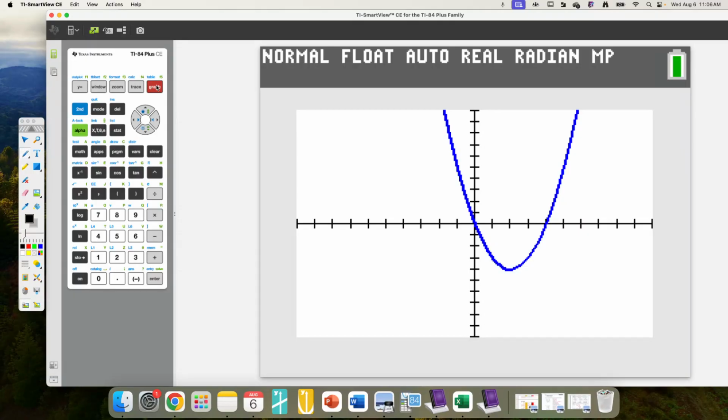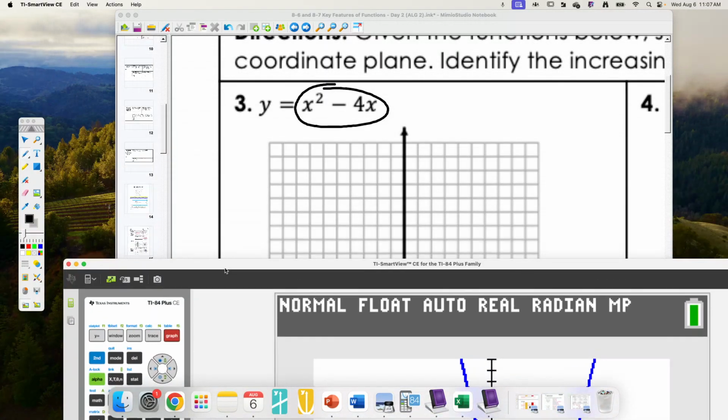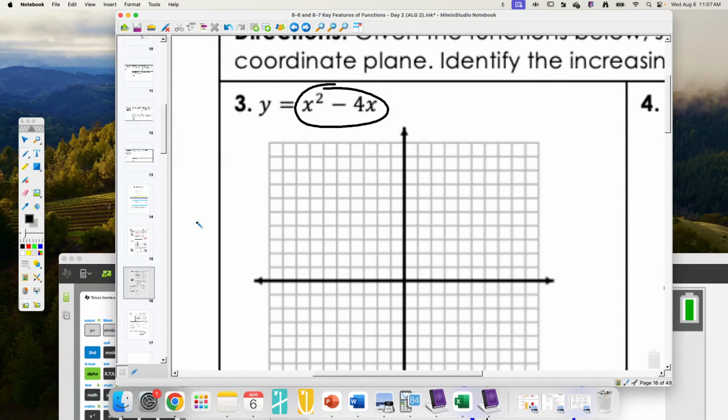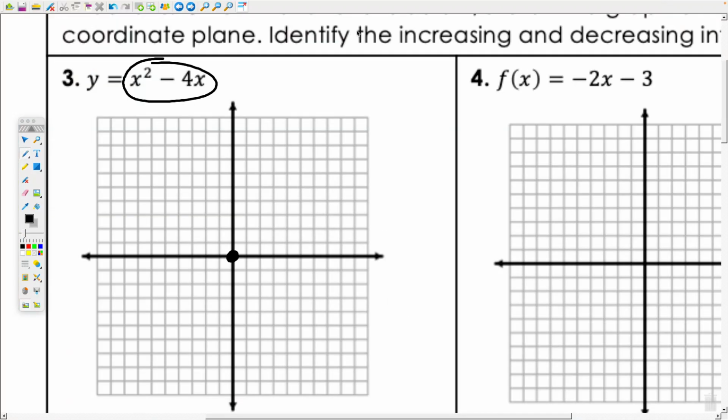So you need to make sure you plot 0, 0, what is that, 2, -4, and 4, 0. I repeat, 0, 0, 2, -4, and then 4, 0.